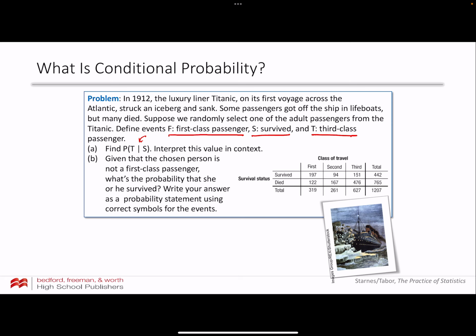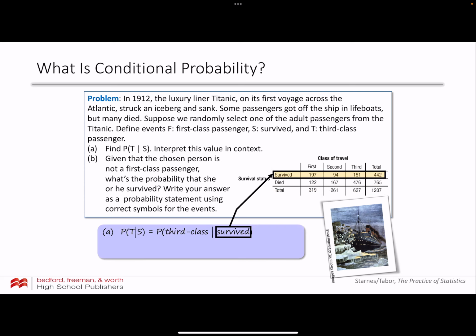In other words, I'm totally ignoring all of the people who died, and I'm also ignoring the total. I'm only looking at those 442 people that survived. And so the probability that someone was a third class passenger, given that they survived, is 151 out of 442 people who survived.